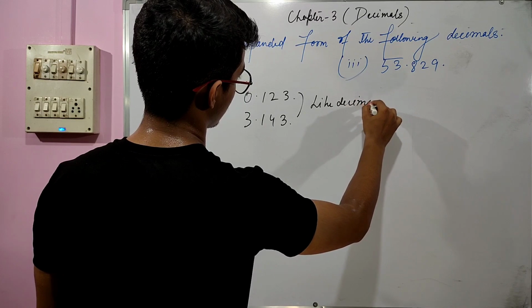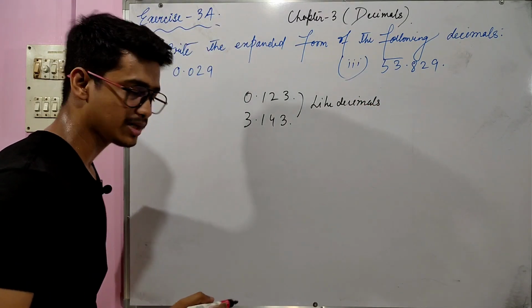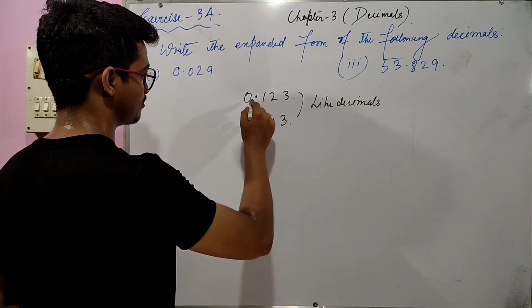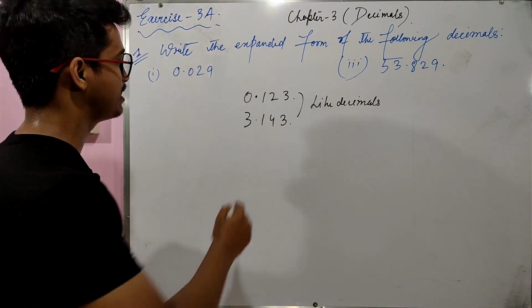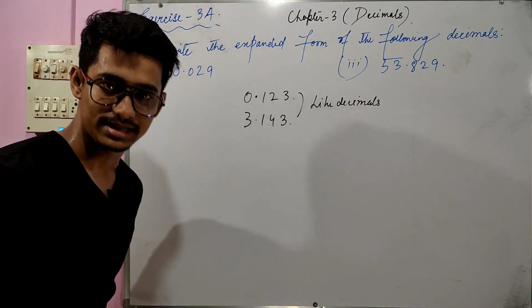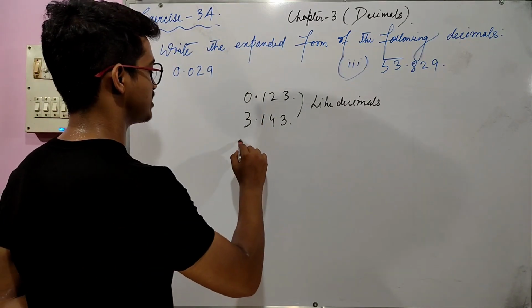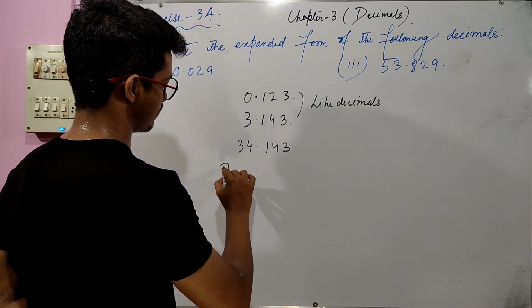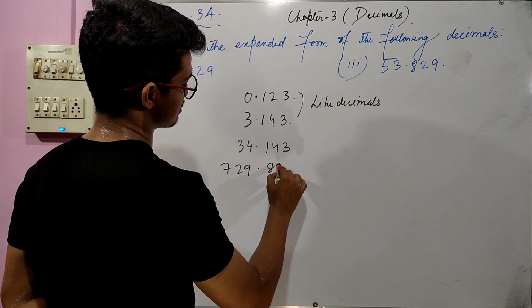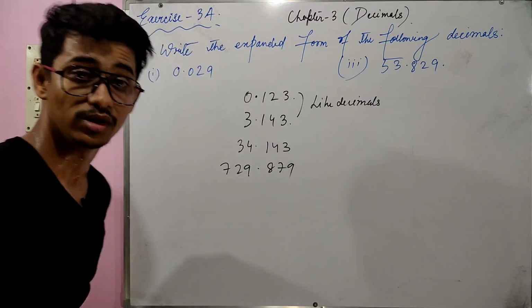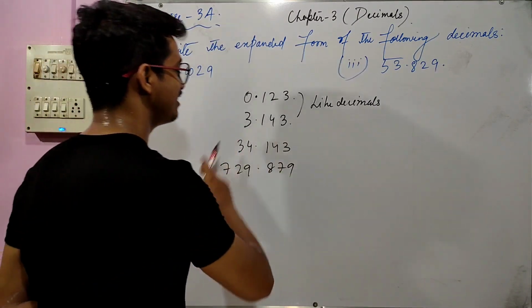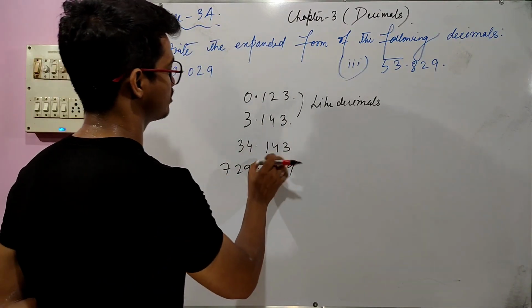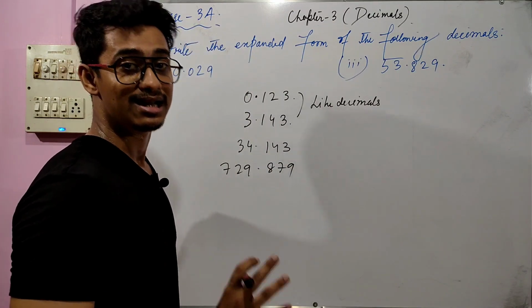One more thing, I think you must have some confusion: is it mandatory that before the point the quantity of numbers should be the same? It is not mandatory, because if I take 34.143 or, let's say, 729.879, in that case also these two are like decimals, because we are just concerned about the part after the point, how many numbers are there.